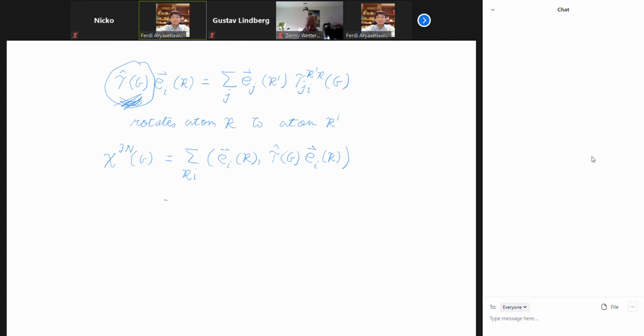That can be written as a sum over i, sum over j, because I'm using this result here. So that becomes e_iR, e_jR prime, and the R prime or j i, like that.